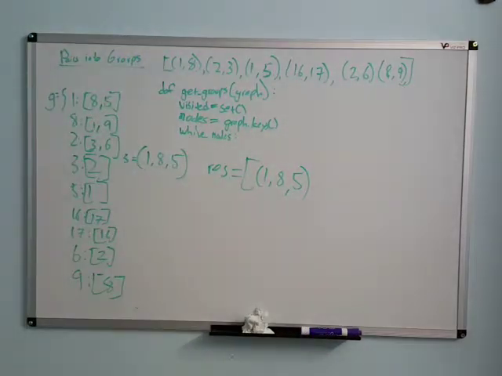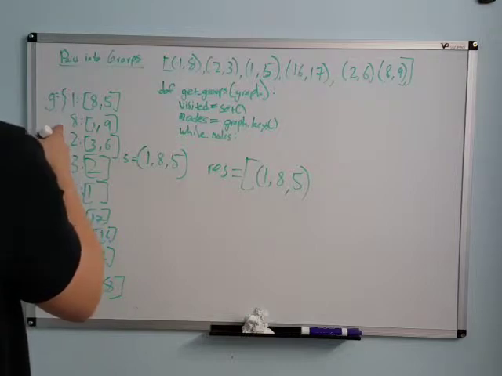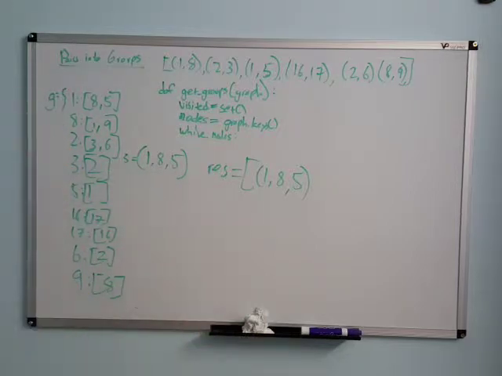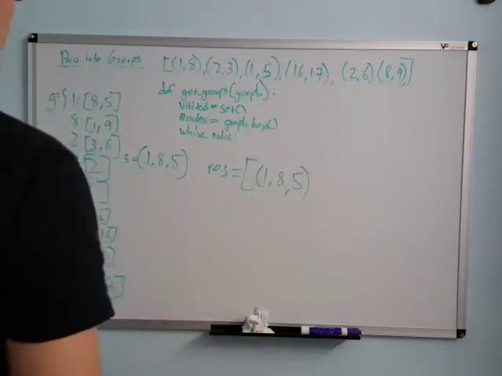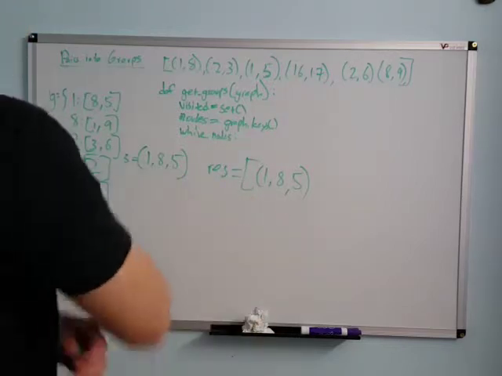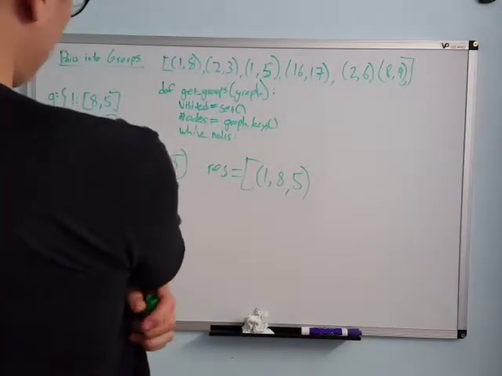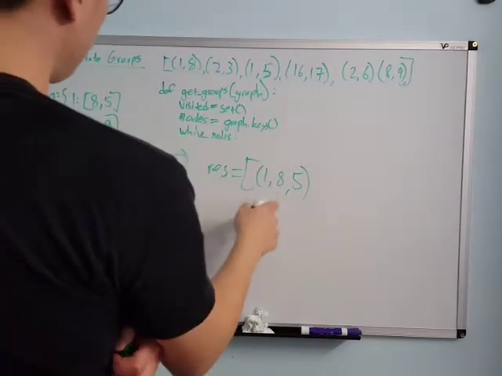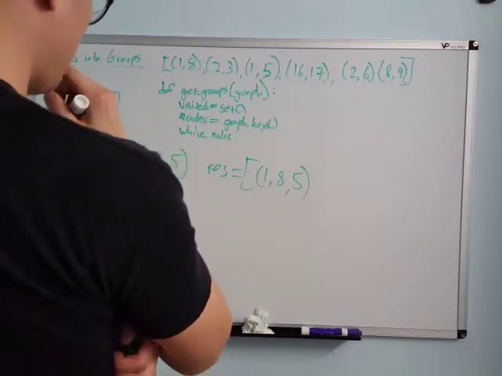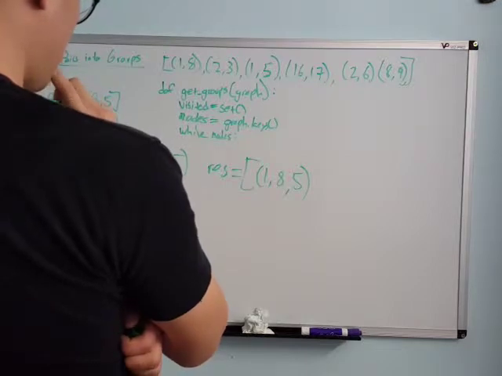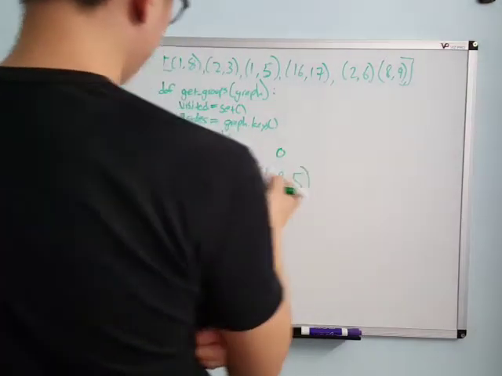And what we could do is iterate through results and check if 8 exists in the results, which it does. We can iterate through it, then we can remove, or we can just append everything, the key and the value, into here. This would be results at index 0, right?